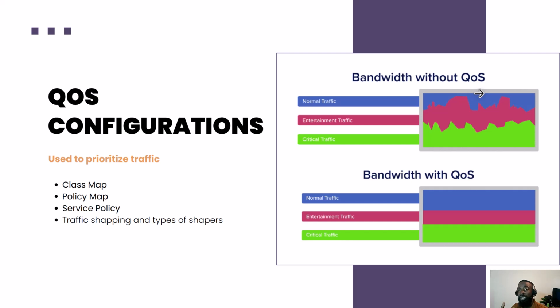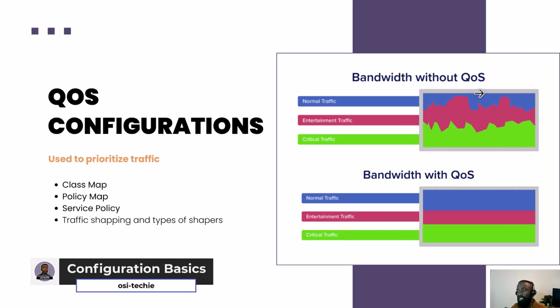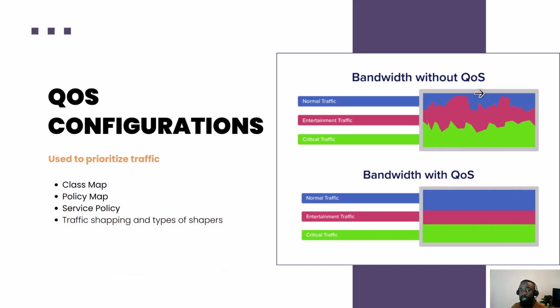You need to understand things like DSCP as well, the tag within the IP header that specifies that this traffic is special, right? So understanding these concepts, types of shapers as well. So there are shapers that would share a specific amount of bandwidth across a specific number of users, right? So understanding these concepts would help you know how to configure QoS on any device you find yourself on.